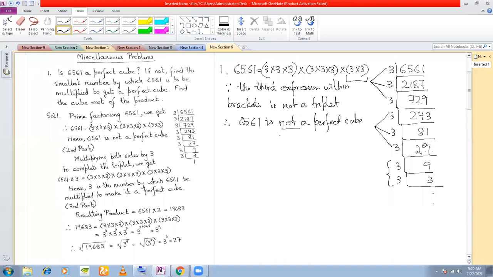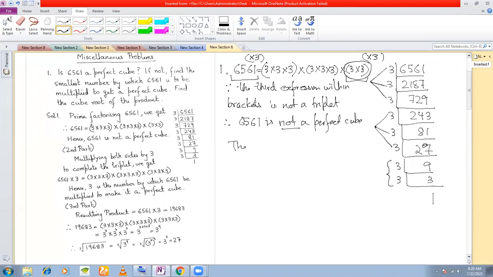Now the next question. If not, find the smallest number by which 6561 is to be multiplied to get a perfect cube. So 6561, by what number should it be multiplied? See here, this is the only one that is left, which is not a triplet, right? To make it a triplet, you want to multiply this by 3. And if you are multiplying this by 3, I must multiply this also by 3, right? So what is your answer then?